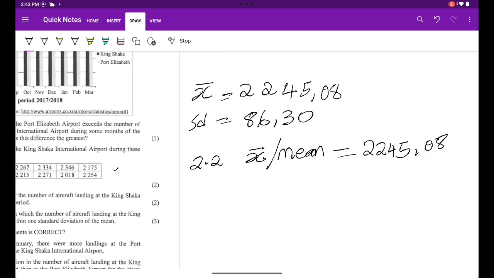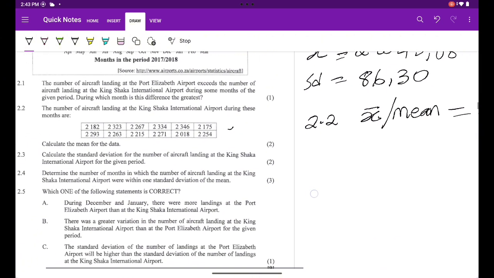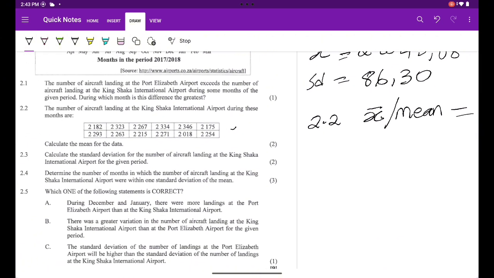So that's our mean. And then the next question is calculate the standard deviation, 2.3. We have already calculated the standard deviation. It is 86.30, and then we go to 2.4.